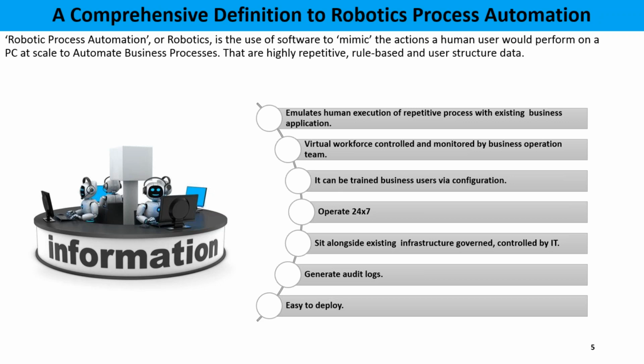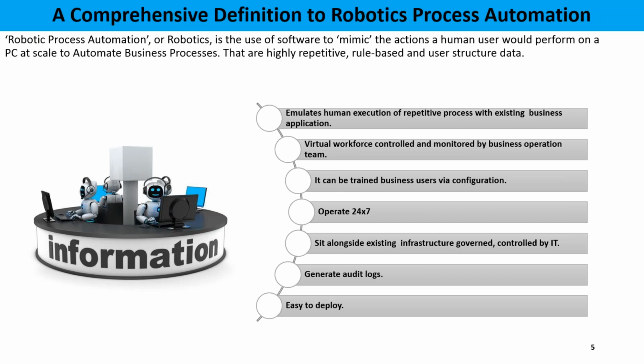So the question arises, what kind of processes can we automate? The processes we can automate are highly repetitive, rule-based, and use structured data. The first point, highly repetitive, means that if agents or SMEs are copying only 10 records per day each, and 10 people are working, that is just 100 records.